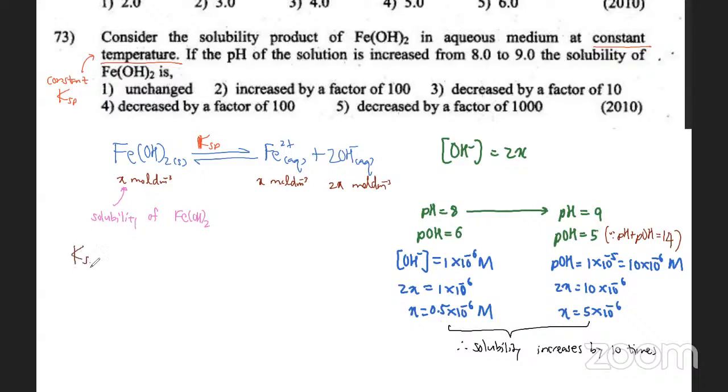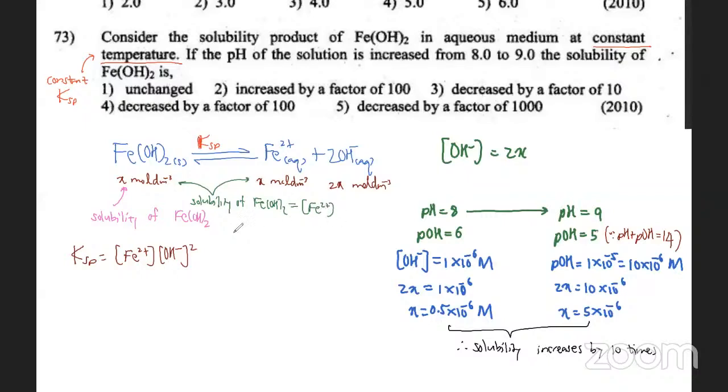Ksp, if I write the equation for Ksp, is equal to Fe2 plus concentration into OH minus concentration squared. Now one thing we can say for sure is this: when I compare these two, the solubility of Fe(OH)2 equals the concentration of Fe2 plus ion.